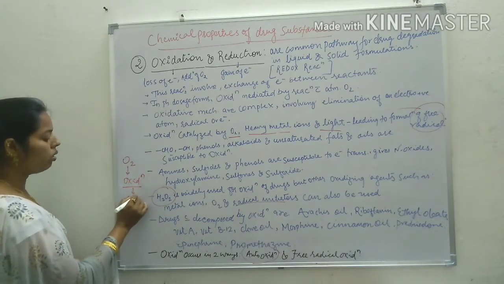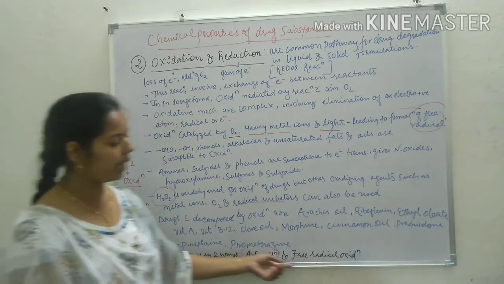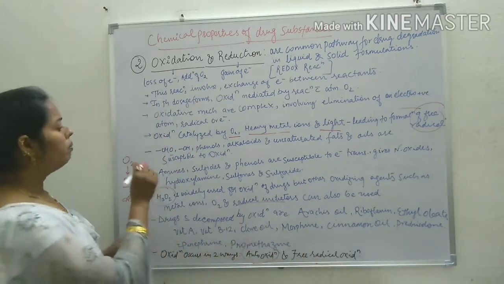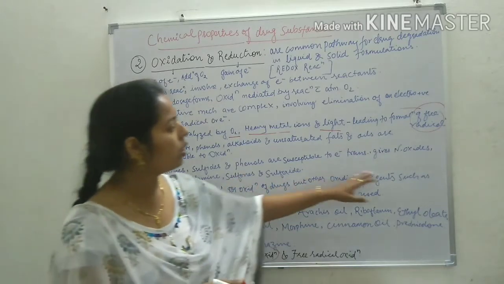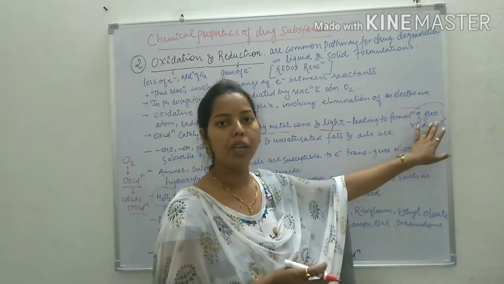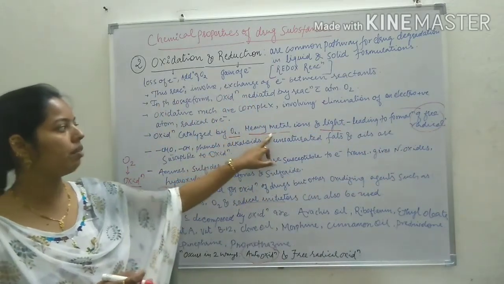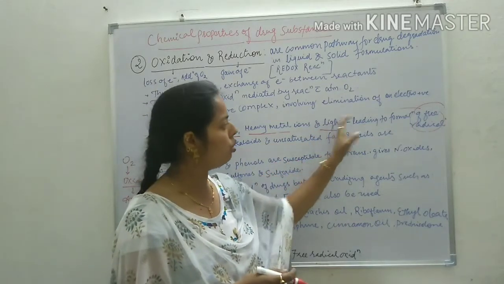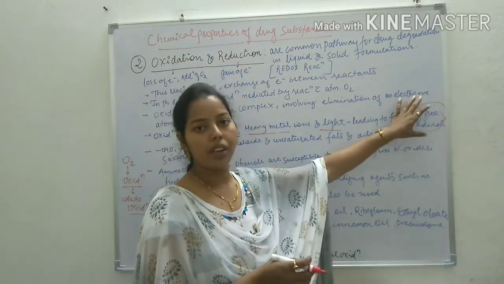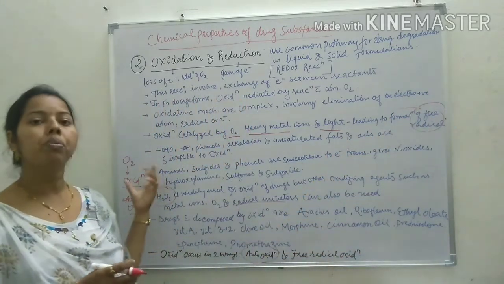And second is free radical oxidation. It means free radicals could be initiated or start to form in the formulation because of the environmental oxygen, heavy metal, and light.